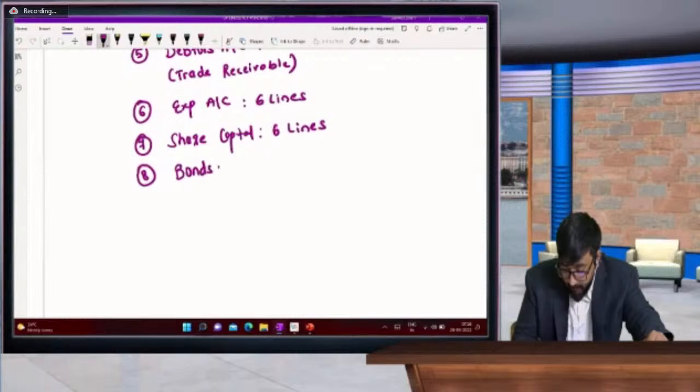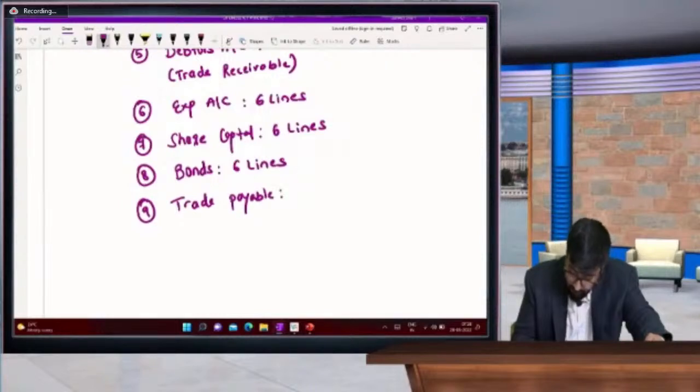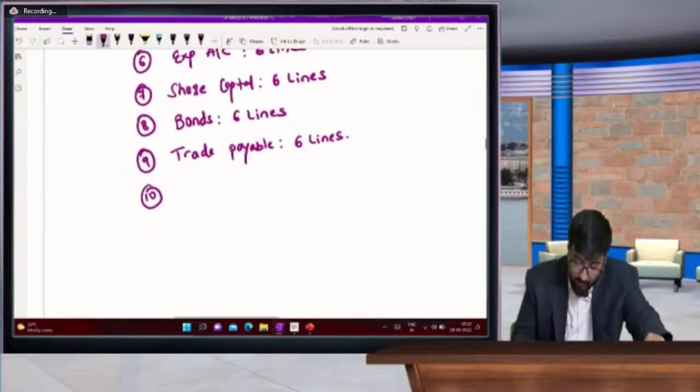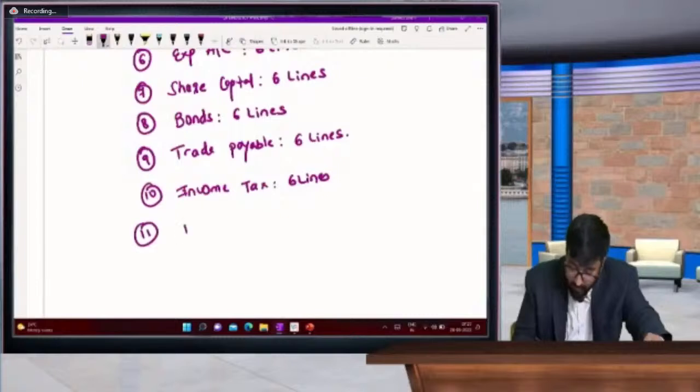Bonds, 6 lines. Trade payable, 6 lines. Income tax, 6 lines. Dividend, 5 lines.